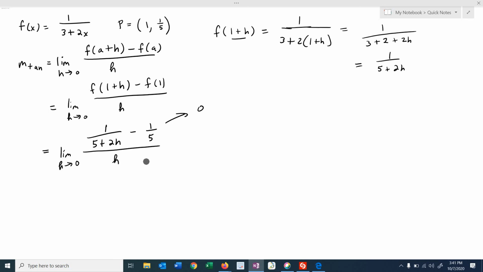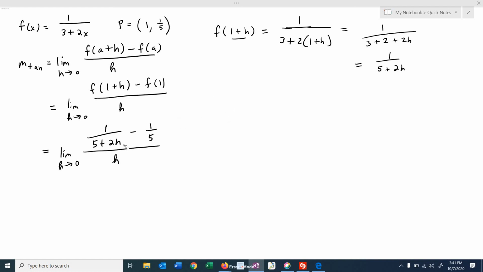And then, of course, the bottom is approaching 0 as well. So in other words, as h is getting closer to 0, the top is getting closer to 0 as well as the bottom. So you have this indeterminate form of 0 over 0. And that means that we have to change this to a different form in order to use substitution to evaluate the limit.